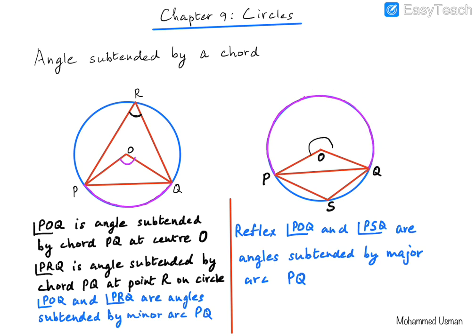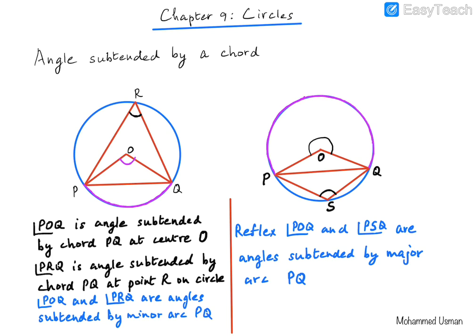It's the reflex angle POQ. That is our angle subtended by the major arc PQ, and similarly the angle subtended by the major arc on the circle is the angle PSQ. Let me mark that as well. PSQ is this angle over here.